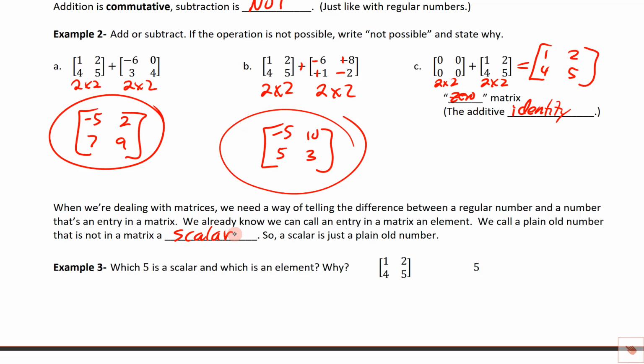So a scalar is just a plain old number that's not inside a matrix. If we look at this example right here, it says which 5 is a scalar and which one is an element. Well, this 5 right here is an element. That's inside a matrix. This 5 right here is not inside a matrix, so that one is just a scalar. So a scalar is the word that we use for a plain old number when we're dealing with matrices.